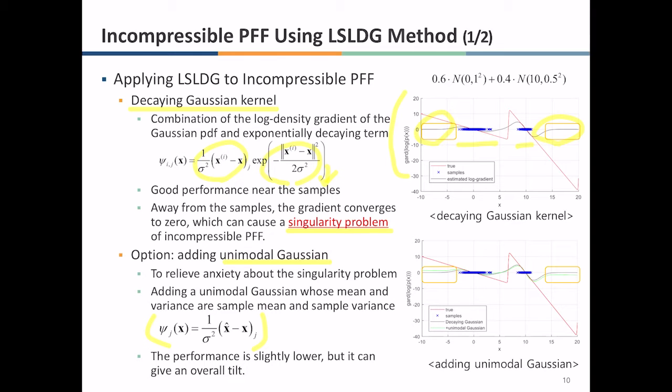The results for this method are shown in the lower right figure. It can be seen that thanks to the added unimodal Gaussian kernel, it is possible to prevent the gradient from becoming zero even if it is away from the samples. It was also confirmed that the estimation performance may be slightly lower.